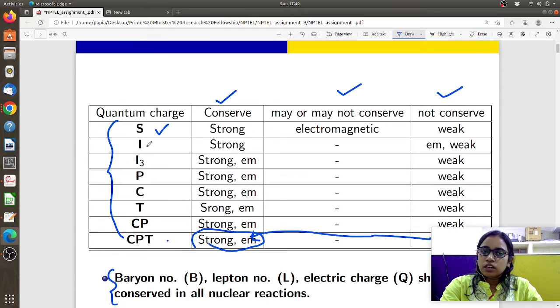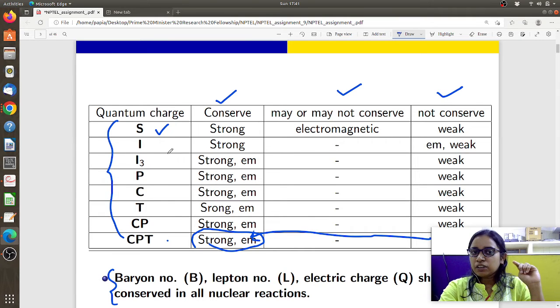Fine. So in that first table, in the S case, strong should be conjugate, but in our expression delta S was not 0, so it may be EM or weak. Now in the I part, I was also not conjugate, so not conjugate means EM or weak, so it's fine that EM or weak may be there.